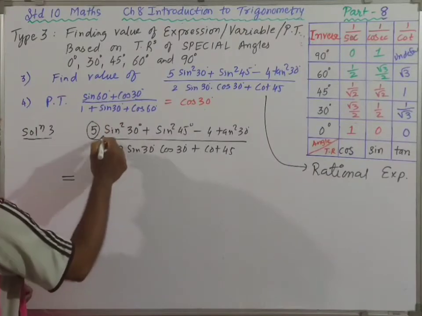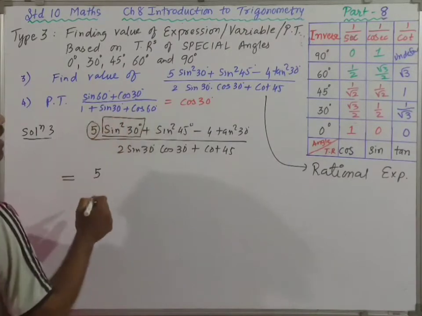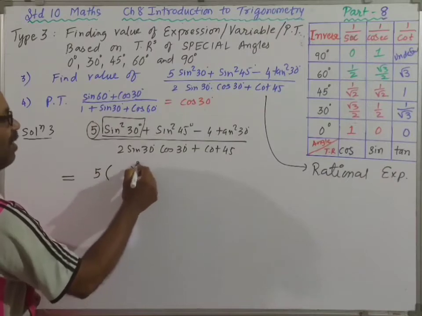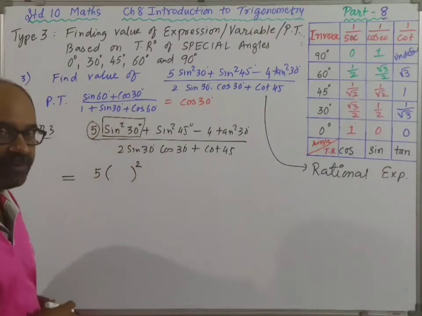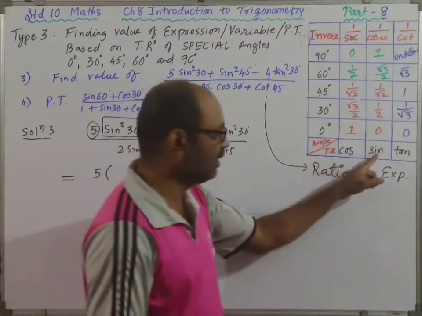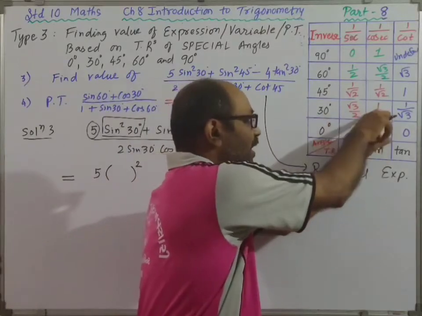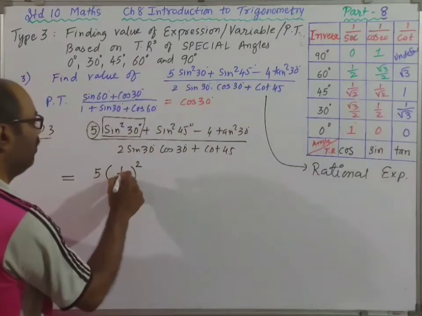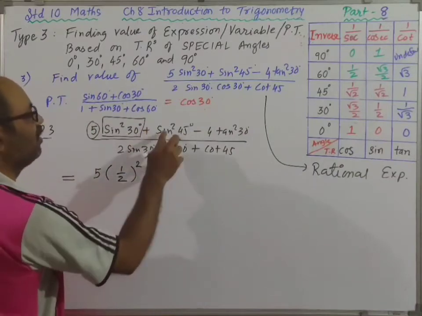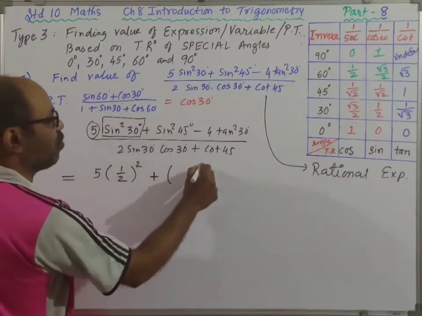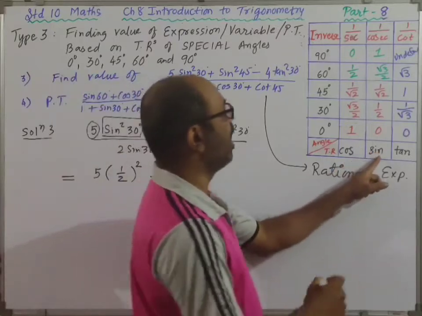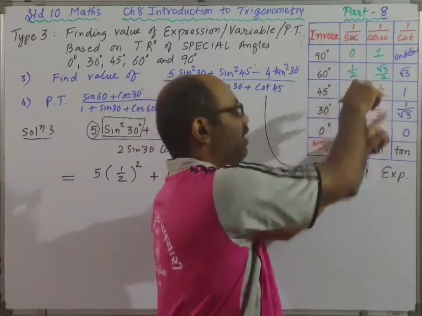So first is 5. So I write 5. Next is sine square 30. Use the bracket smartly. I'm writing square of sine 30. Now sine is here. 30 is here. They meet here. 1/2 plus sine square 45. It is square. Sine and 45 meet here.